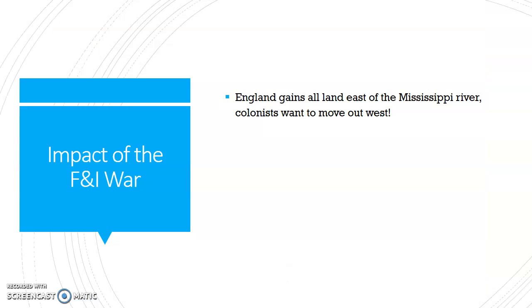And this is kind of the impact of the war, and this is why it actually becomes important and why we do need to talk about it. So England gains all that land east of the Mississippi River. Woo-hoo. Colonists want to move there, right? However, we already have American Indians that live there, and they're not going to be too happy that all of a sudden people are moving into their land.